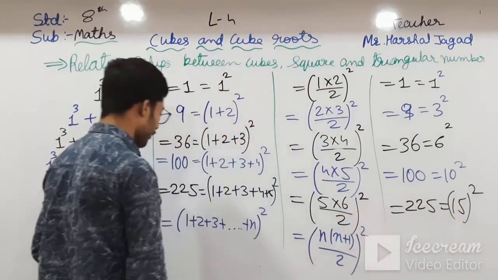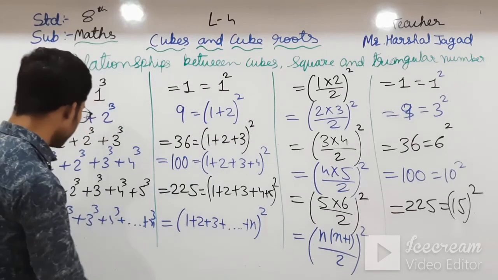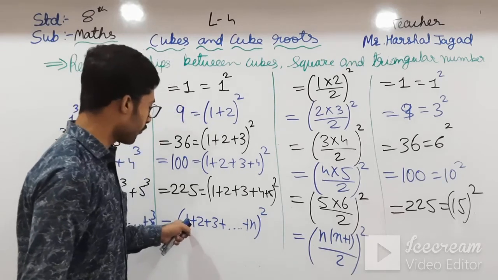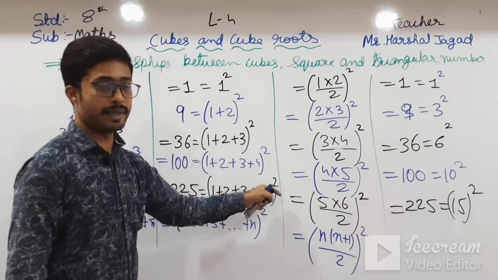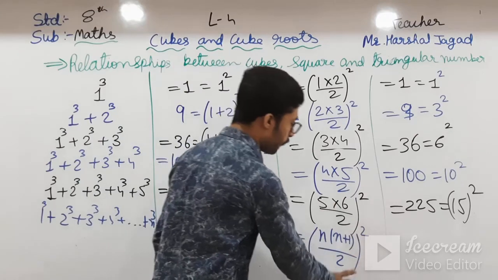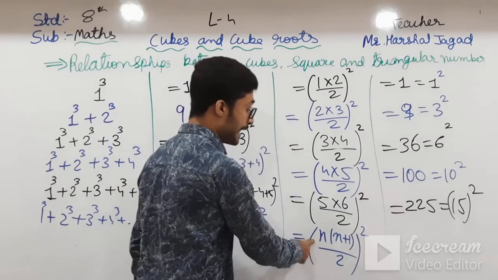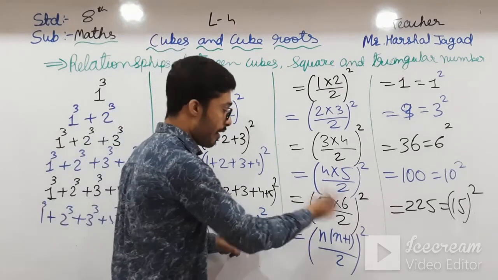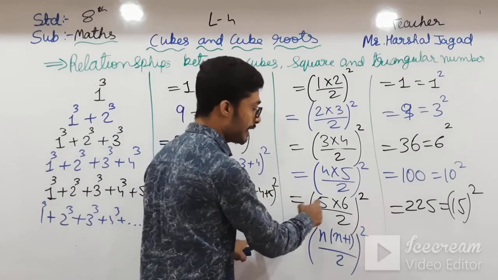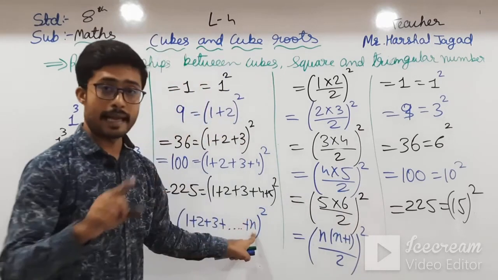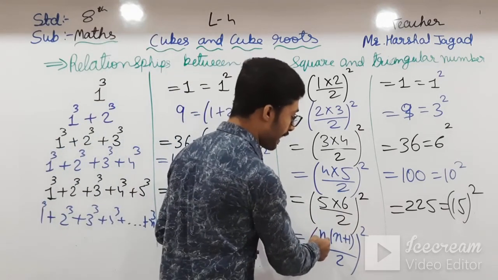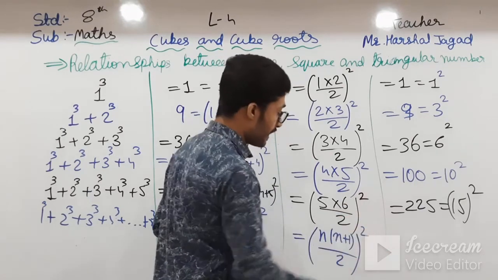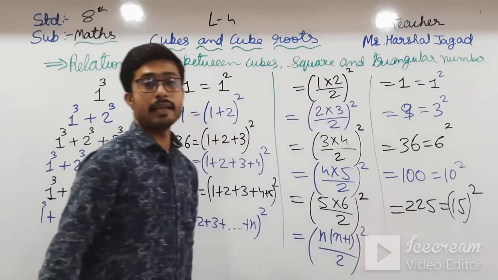And here the numbers are from 1 to n, so we have added from 1 to n and taken its square. So what will be the formula? Here it is n, then the next number, like 5 and then 6, is n plus 1. So we multiply n into n plus 1 divided by 2, then we get the answer.